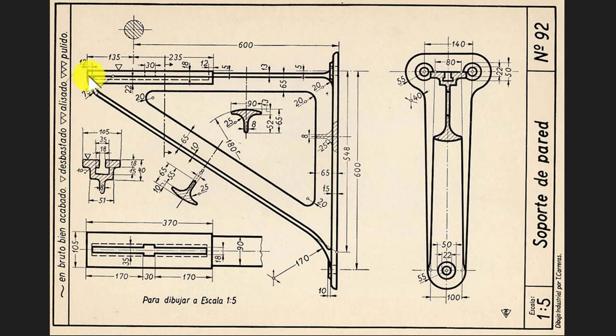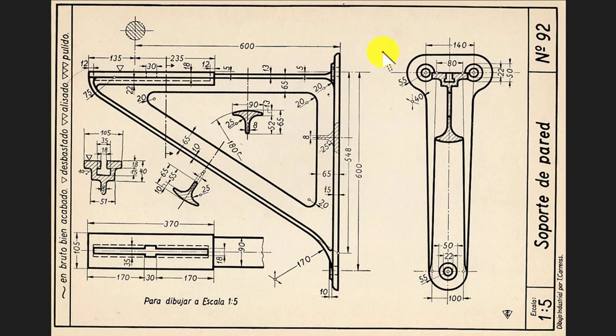Okay, but there is a curved line here. I have to make something special to obtain this side of the part. Let's take a look at my drawing.